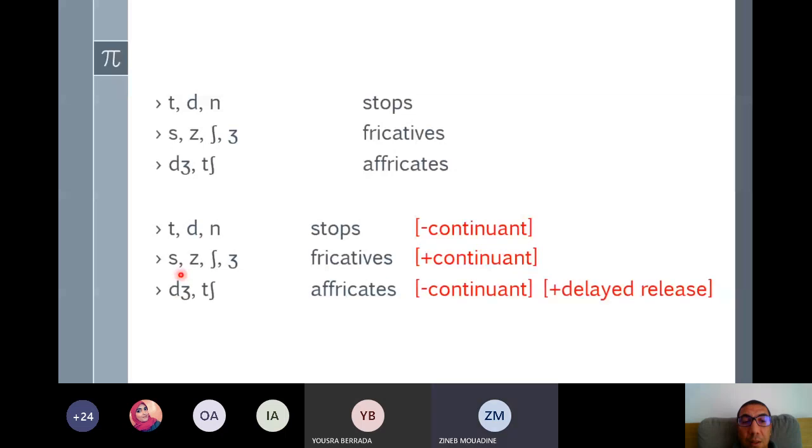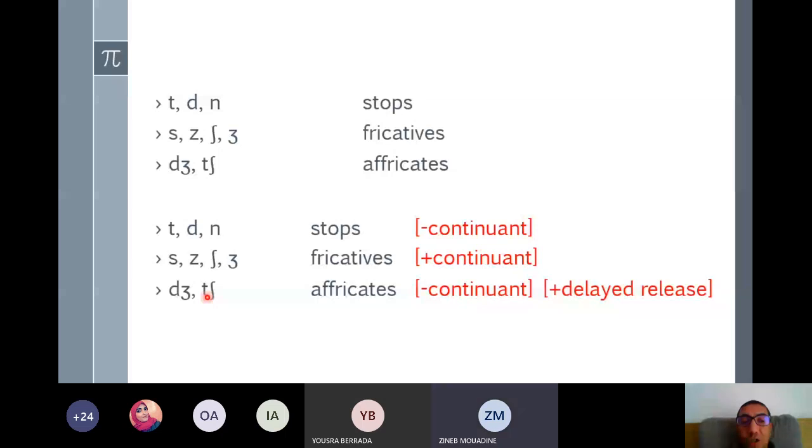Now, the affricates are minus continuant because they have the stop component, and they are distinguished from the stops by the feature delayed release. Okay.